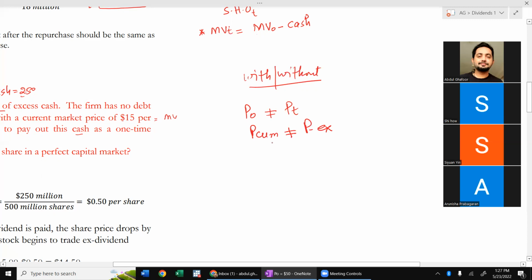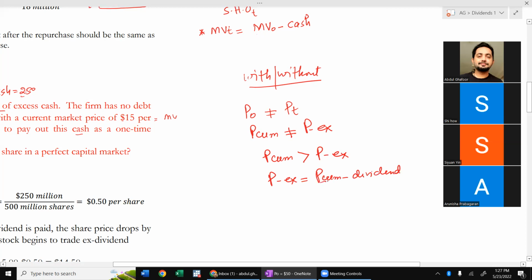May I ask you a question: which one will be higher, price cum or price ex? Yes, very good. Because price cum contains the dividend, it should be higher than price ex. So in other words, price ex is equal to price cum minus dividend.